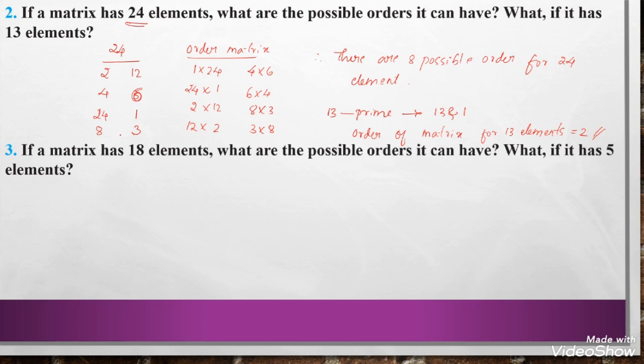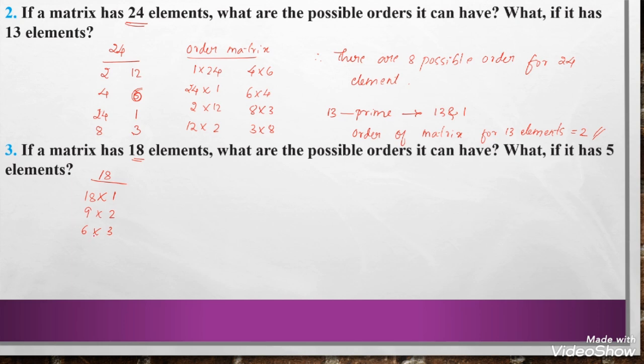If a matrix has 18 elements, as we know 18 is a composite number, what are the factors of 18? The first factor pair is 18 cross 1, second 9 cross 2, then 6 cross 3. 18 into 1 is 18, 9 into 2 is 18, 6 into 3 is 18.